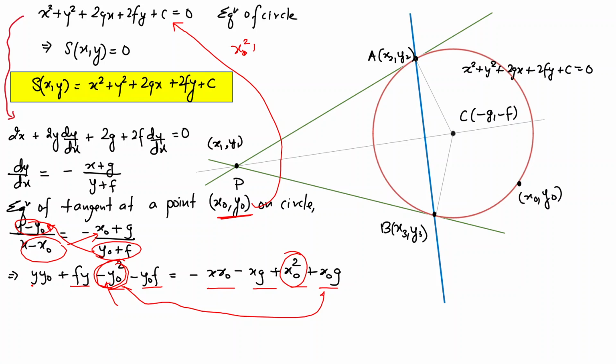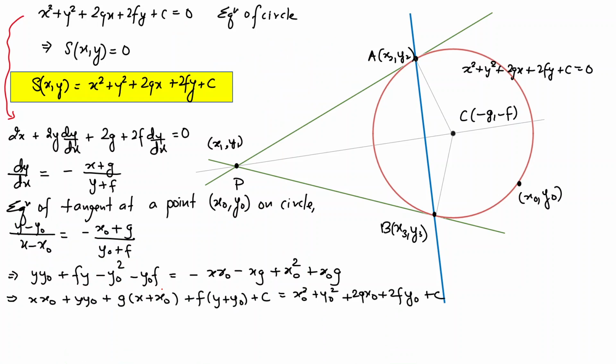So you get this expression: x0 squared plus y0 squared plus 2g x0 plus 2f y0 plus c is equal to 0. And if you can make this expression, you will get a 0. That's tempting, so we'll try to rearrange this equation in such a way that we make this expression on the RHS, which can be done.